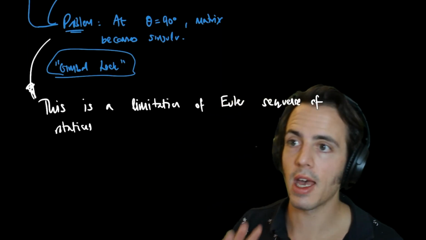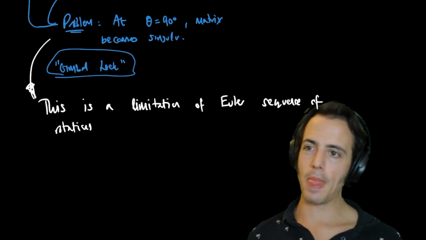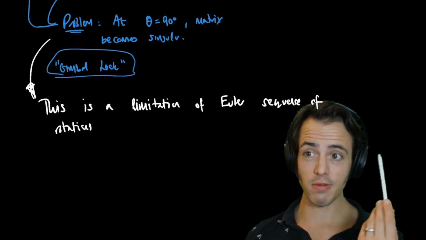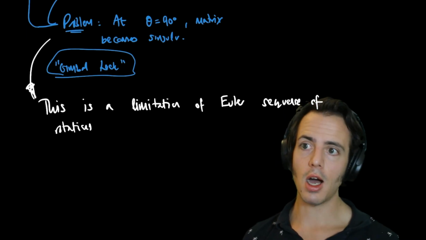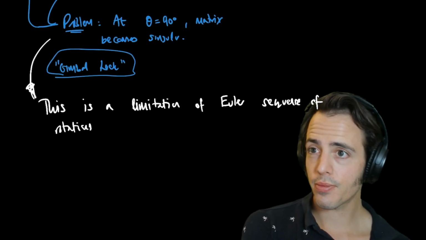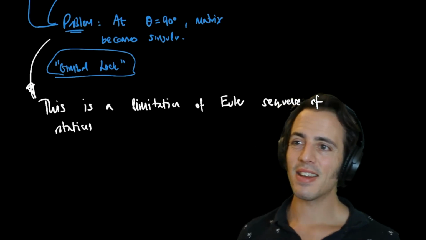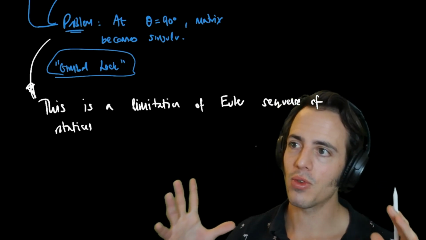And remember that if you're doing something like missile aerodynamics, where you can often have theta angles of 90, or high inclination military flight, then in those cases you'd need to use one of these other methods.